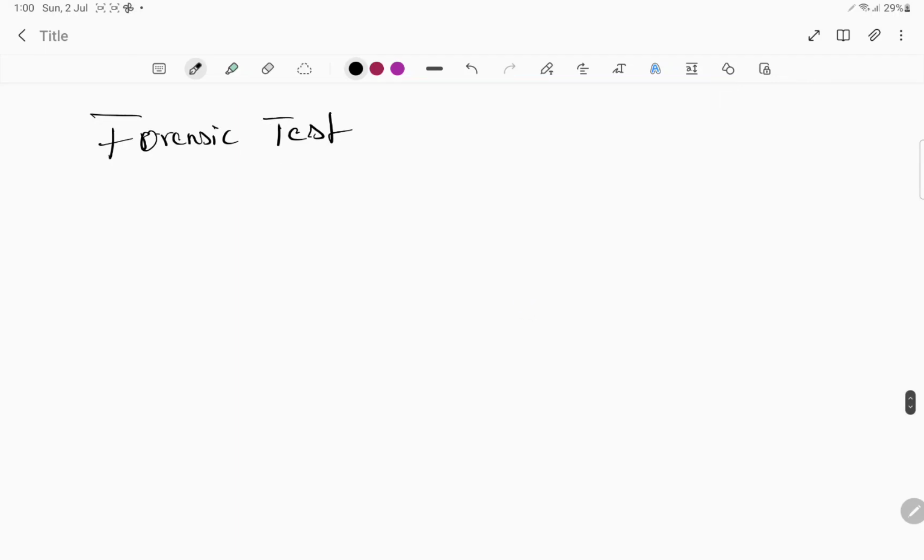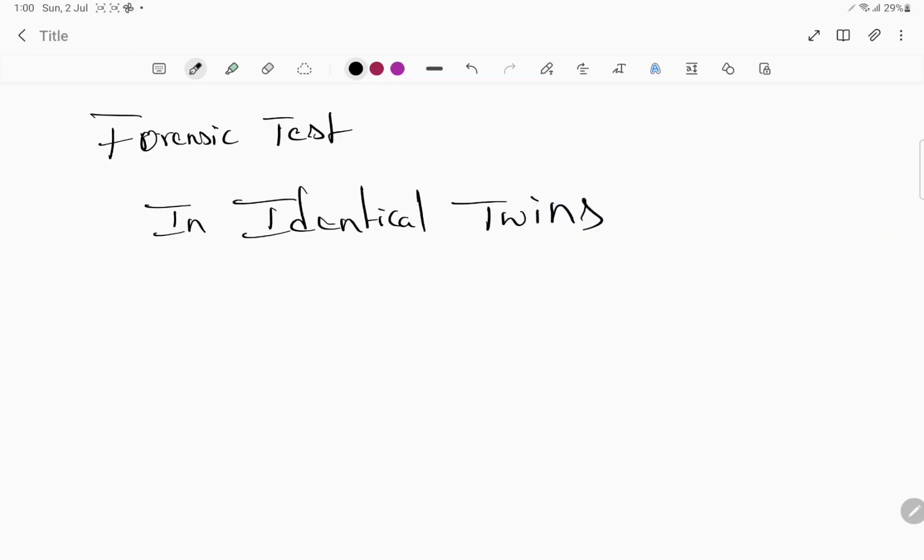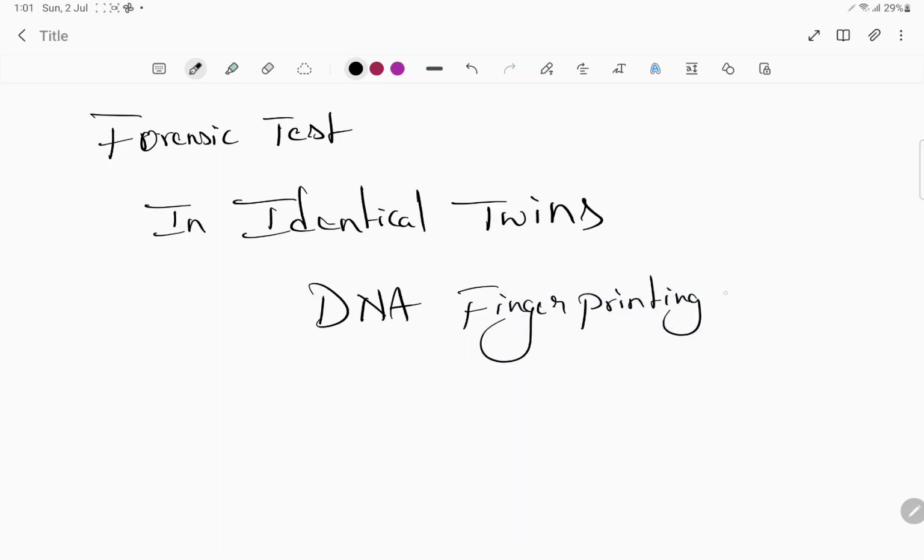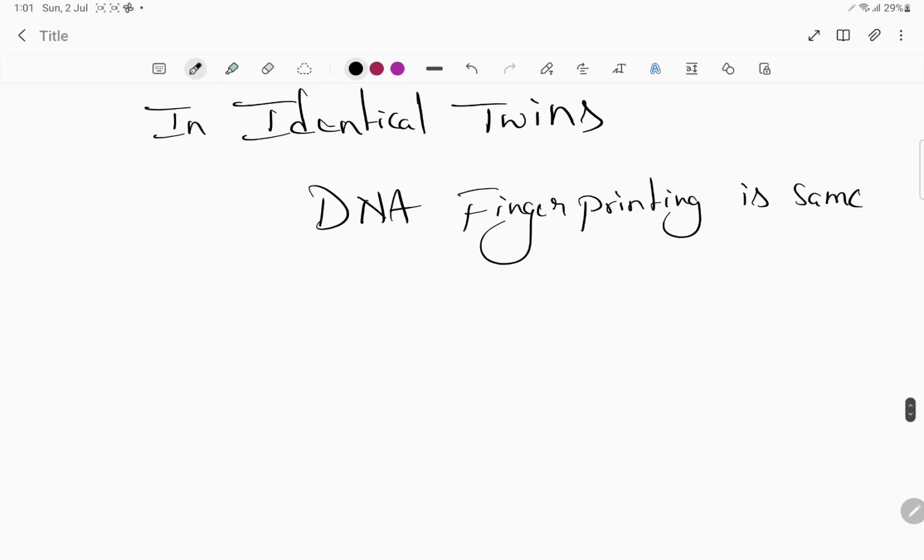And mainly remember, in identical twins, DNA fingerprinting will be the same. We can only tell them apart with normal fingerprints. Fingerprints are different, but DNA fingerprints are the same for identical twins, right?